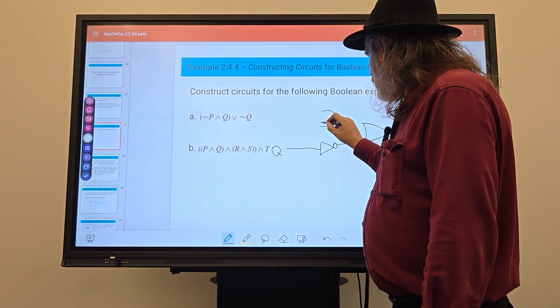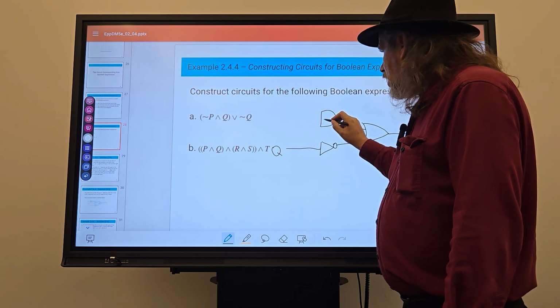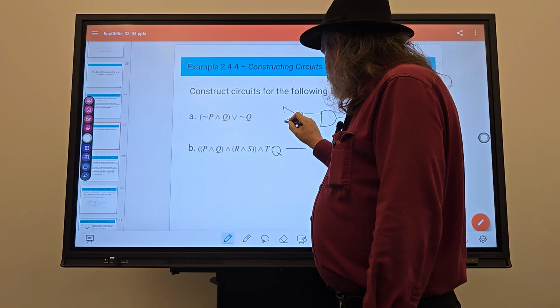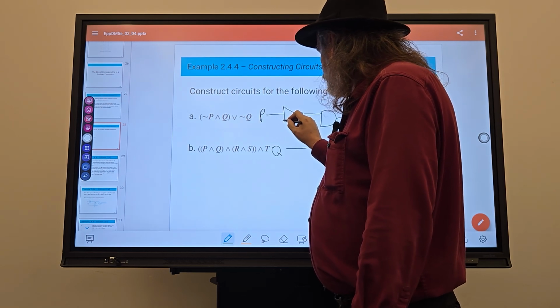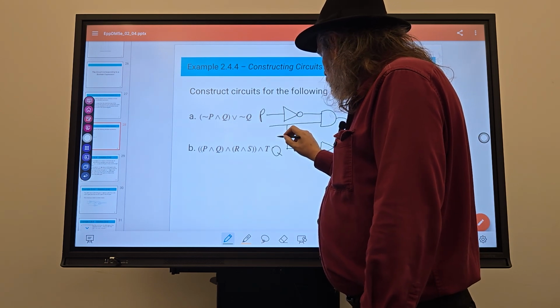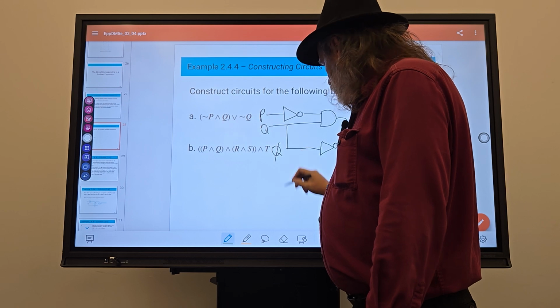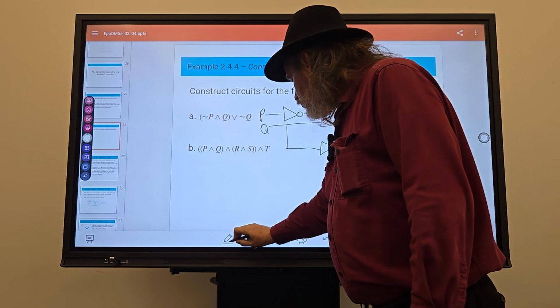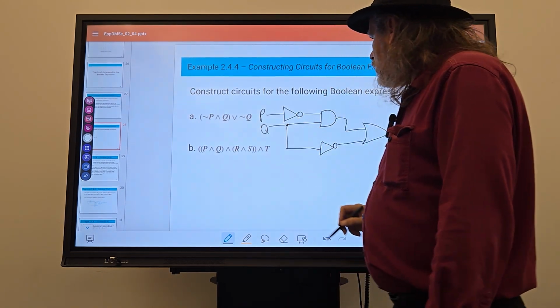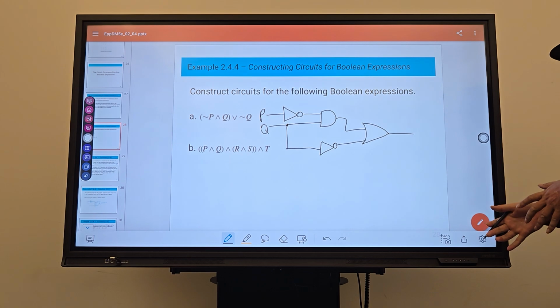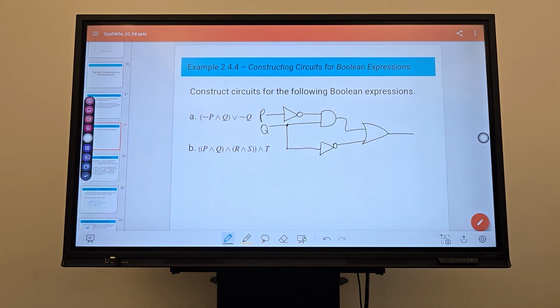So that's an AND going into the OR, and it's an invert of P and Q. So we'll just do Q here. So you work from the outermost operation to the innermost, and you work right to left instead of left to right.